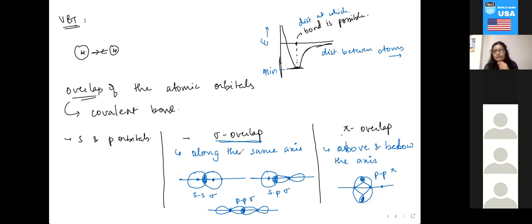Does everyone agree? Yes, ma'am. Yeah, it's sigma overlap because this is pretty strong, right? For the pi thing, upper, niche, you need to bend over and lots of things. So sigma overlap is definitely stronger because you can make it stronger by overlapping as much as possible, which is not possible with pi overlap. There's a little bit of restriction.